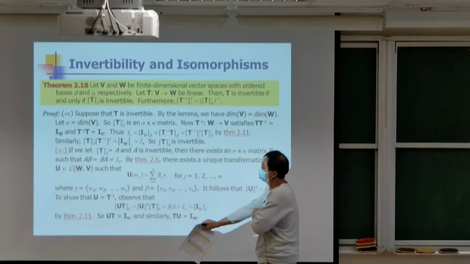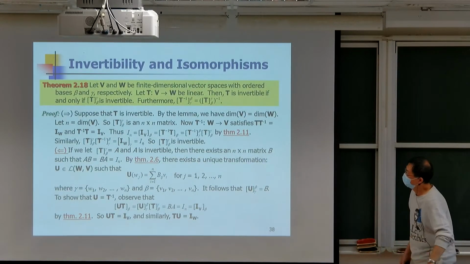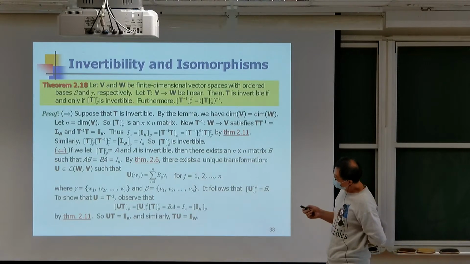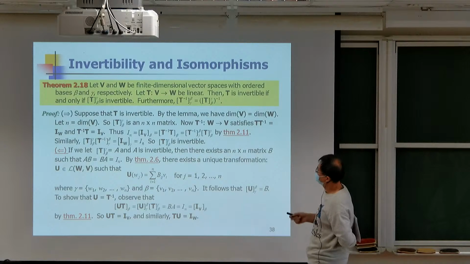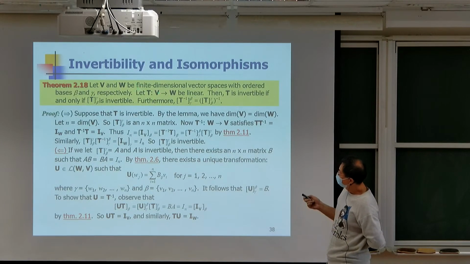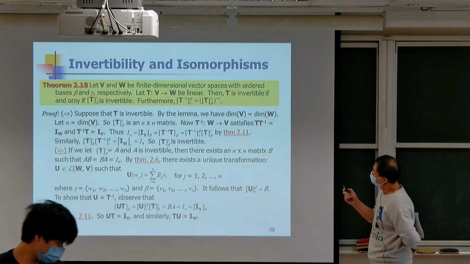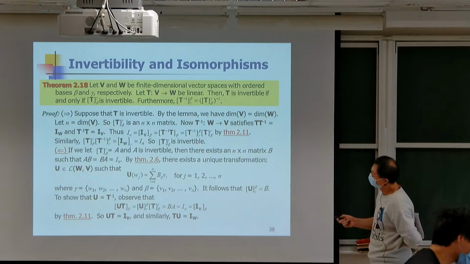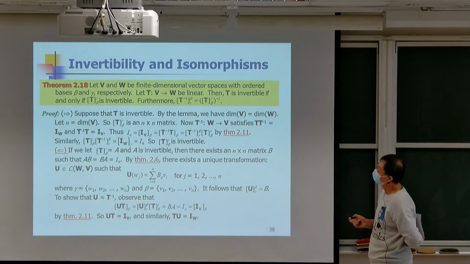Okay, so now we're going to discuss Theorem 2.18. In Theorem 2.18, we said that let V and W be finite dimensional vector spaces with ordered bases beta and gamma, and T is linear from V to W. We want to prove that T is invertible if and only if the matrix representation is invertible.